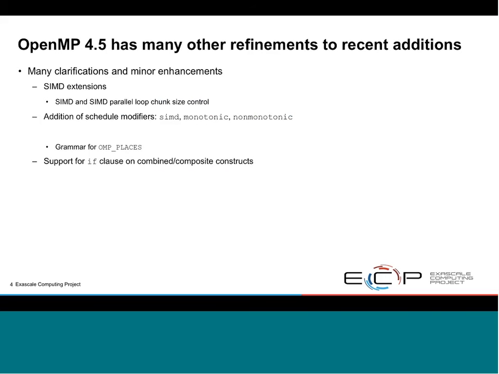In addition, we have other refinements in OpenMP, like clarifications on how to use the SIMD directive, for example, how we can specify a chunk of iterations that we want to execute in parallel in terms of vectorization. We also have clarifications on how to specify thread affinity by defining a new grammar on how we want to abstract the architecture where the threads are going to be mapped.